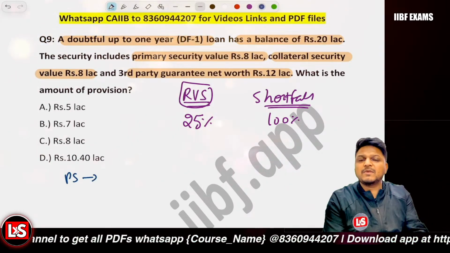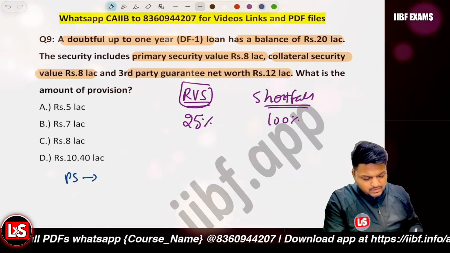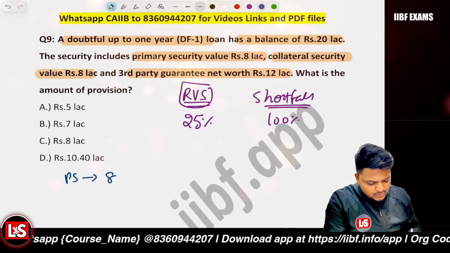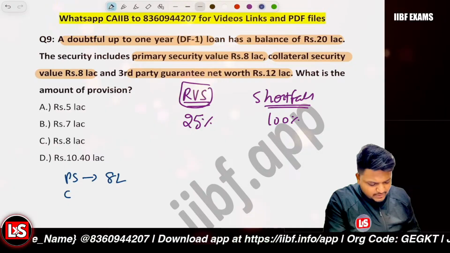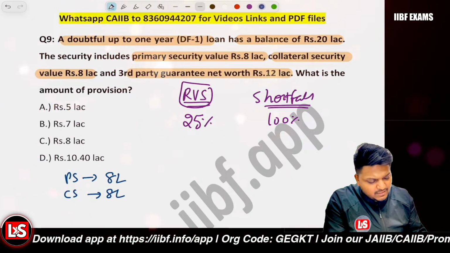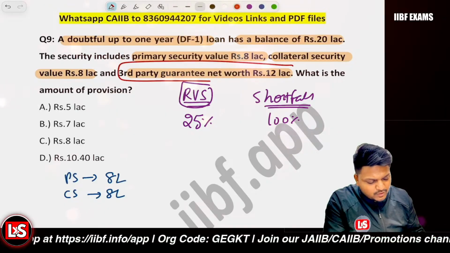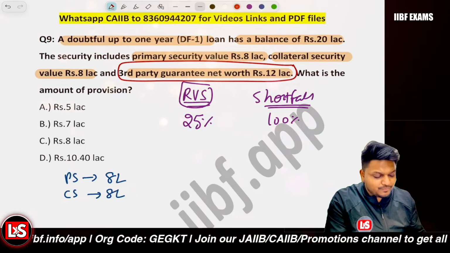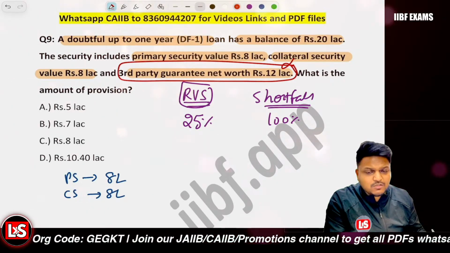The primary security available is 8 lakh rupees, collateral security is 8 lakh rupees, and the third party guarantee is 12 lakh rupees. Would it be considered for provisioning purposes? No, I just told you that this is not considered.